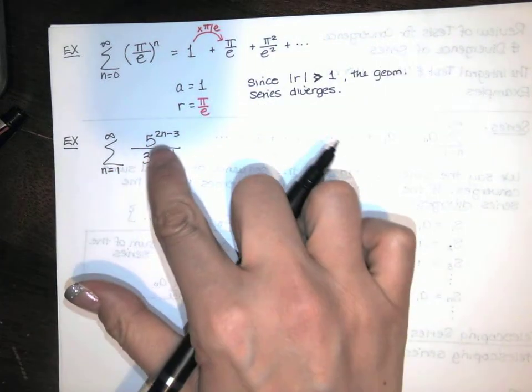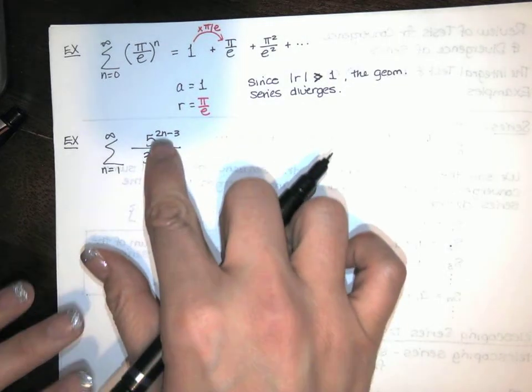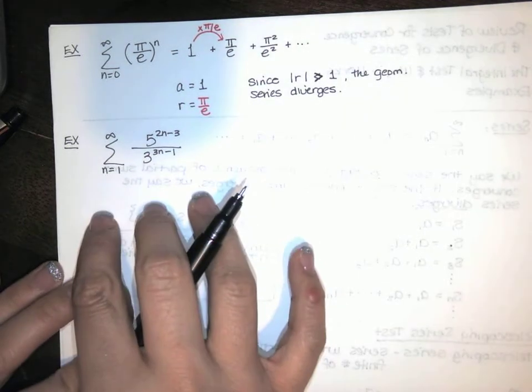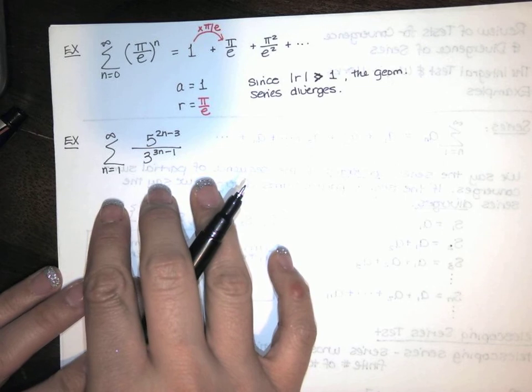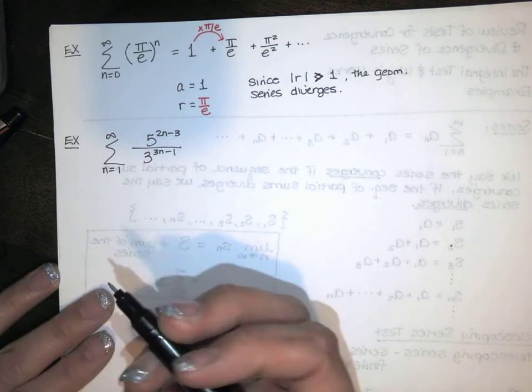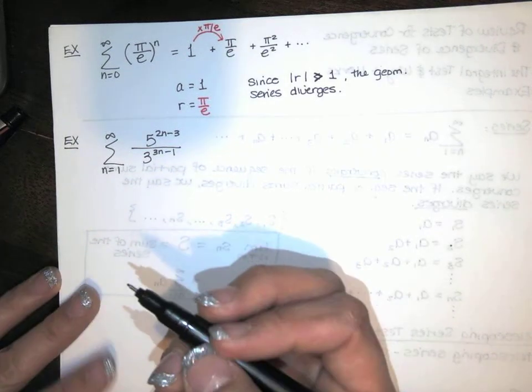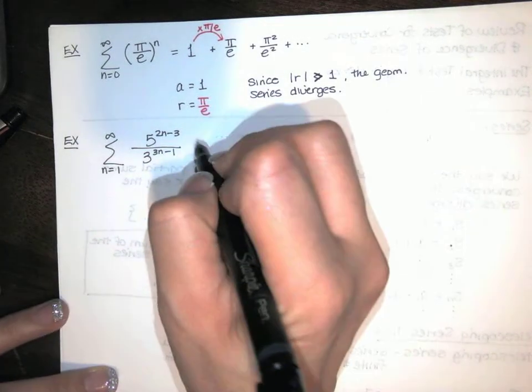But notice I've got constants raised to powers that involve n. Since the powers involve n, I can use exponent properties to rewrite this, so it looks like a times r to the n. Or I can just substitute in n equals 1 and see what I get, and substitute in n equals 2 and see what I get. So I'm going to use that approach this time.